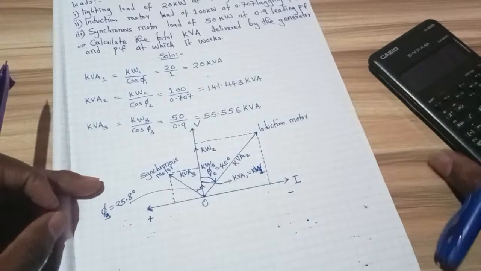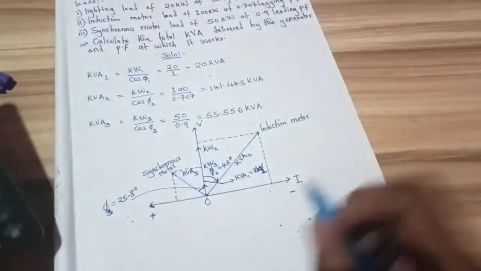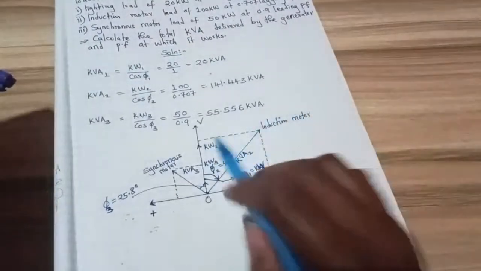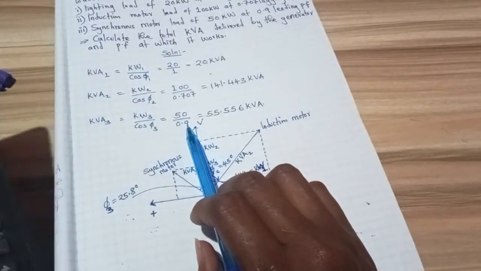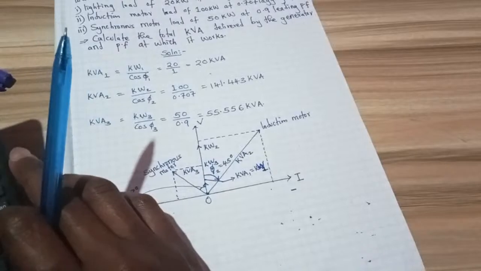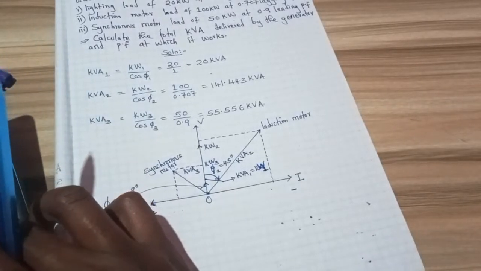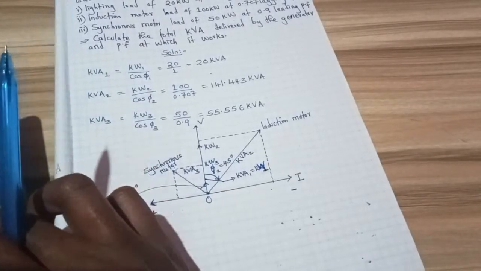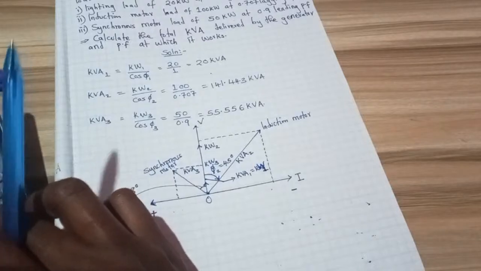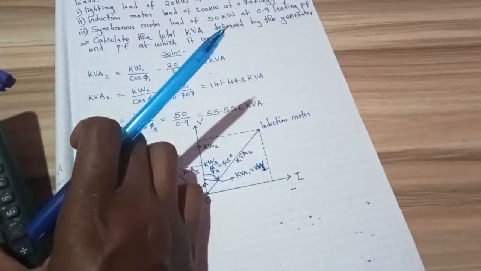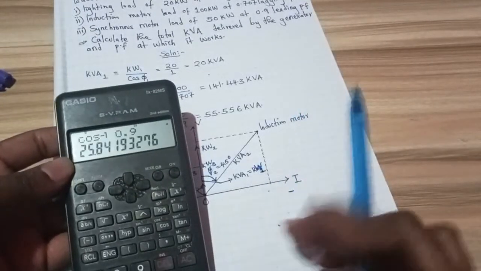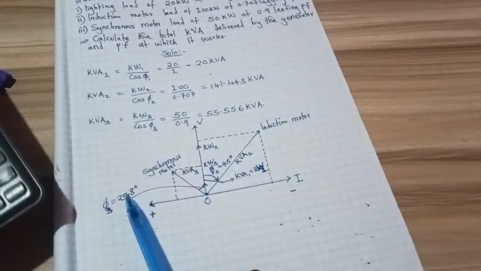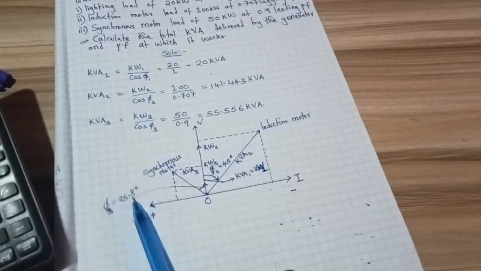Our synchronous motor is operating at a power factor of 0.9. So if we get the angle, that is cos inverse of 0.9, cos inverse of 0.9 gives us 25.84, which is close to this.